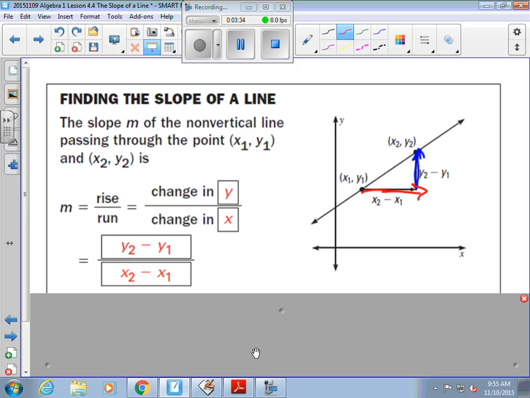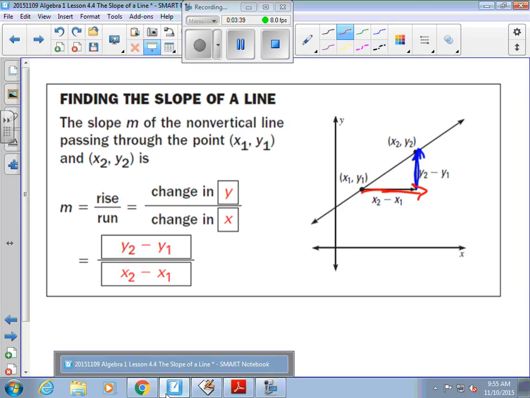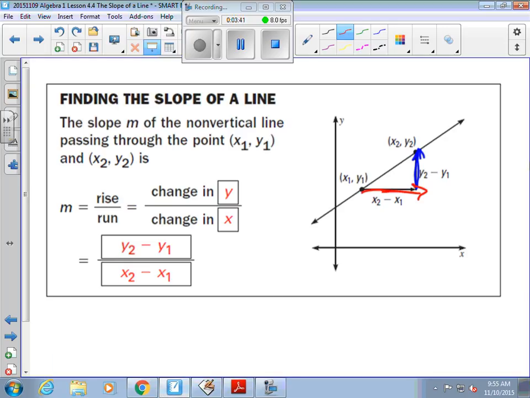Notice as you're looking at the slope formula, it says y sub 2, and right below y sub 2 is x sub 2. That has to be the same point you're looking at. Y and x, both from the second point. And y sub 1 and x sub 1, both from the same point. 1 is on top of 1, 2 is on top of 2.